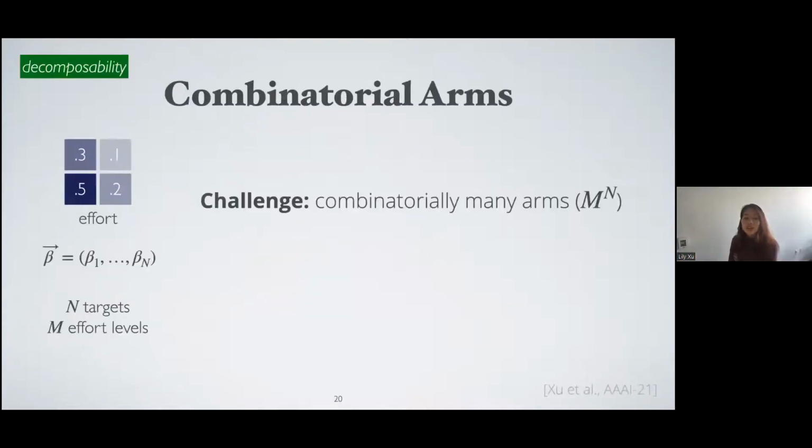So our combinatorial action space is this entire patrol allocation, which is a vector beta, which says for target 1, I patrol 2 hours. For target 2, I patrol 6 hours, and so on. So we have m to the n possibilities for what beta could be. But instead of thinking what this entire vector beta could be, we think of what beta 1 could be and what beta 2 could be.